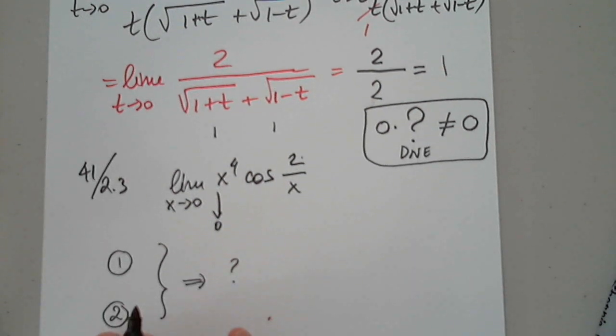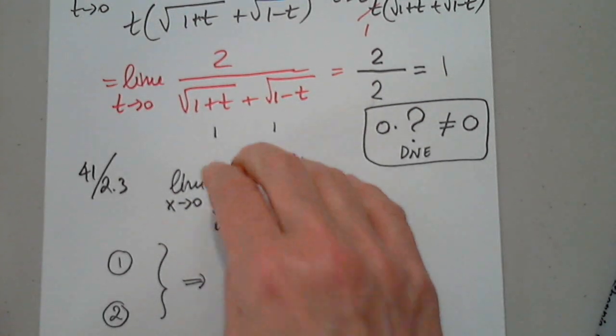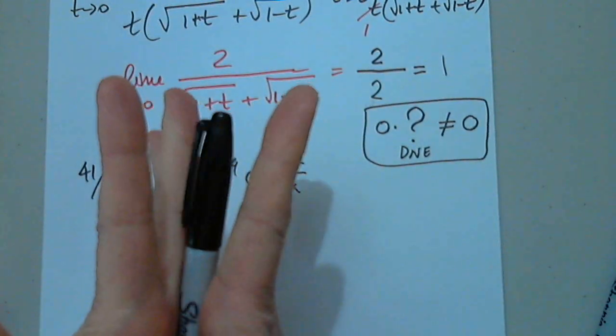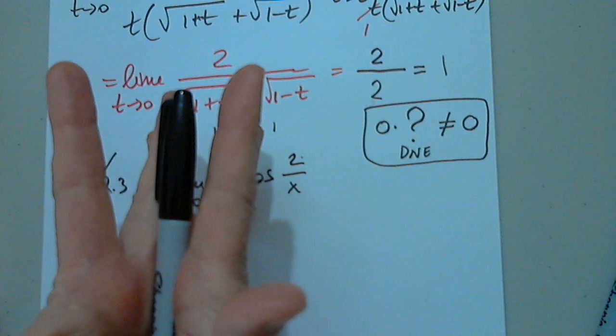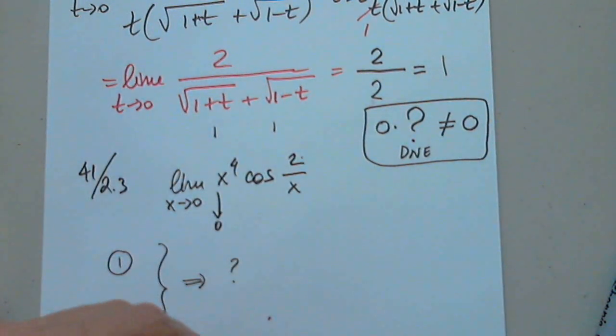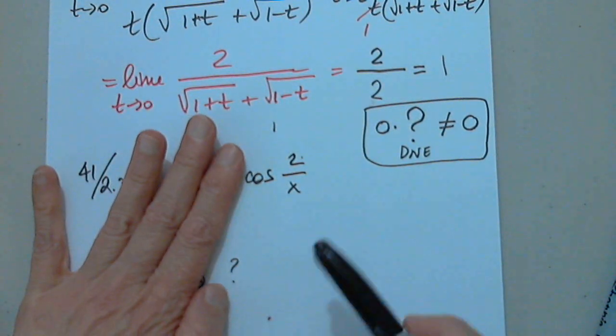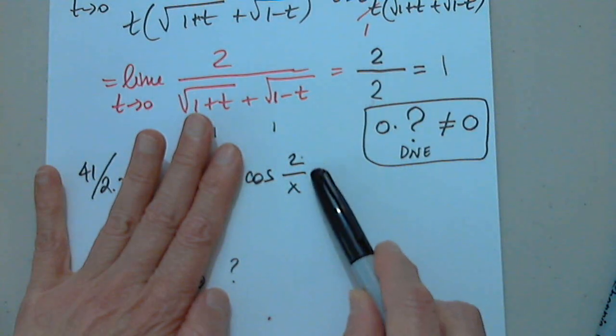Okay, the first part says, show that this function is squeezed between two other functions. But I have to find them. I have to find f of x and I have to find g of x. My starting point is with cosine of 2 over x.